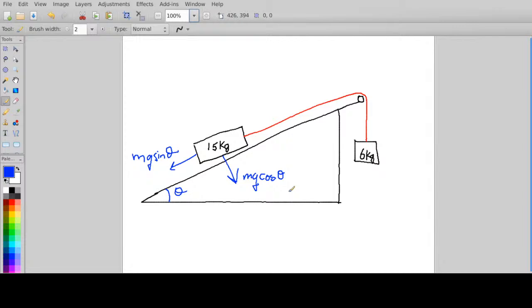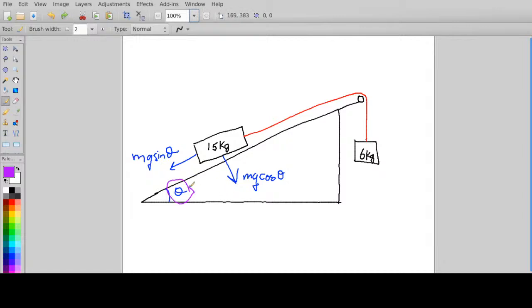Sometimes people say they confuse the sine and the cosine. Well, the way I remember this is that sine goes to 0 when theta is 0. Imagine making theta smaller and smaller until it becomes flat. If theta is 0, then this component should disappear completely, and it's the sine that goes to 0 when theta goes to 0.